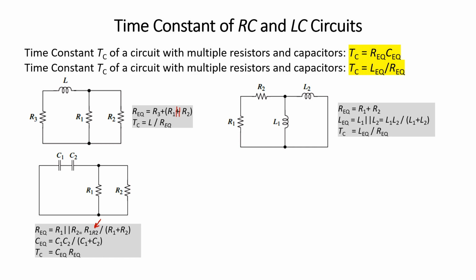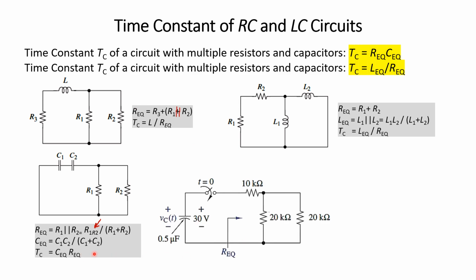Two capacitors are connected in series, and if connected in series, the equivalent capacitance will be C1 C2 divided by C1 plus C2, and then we find the equivalent capacitance, and due to this we calculate the time constant.